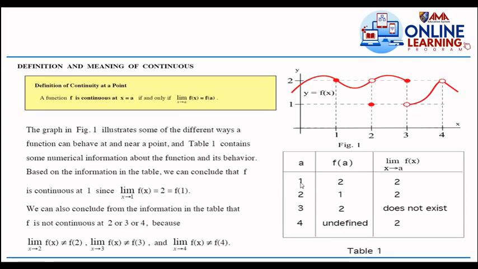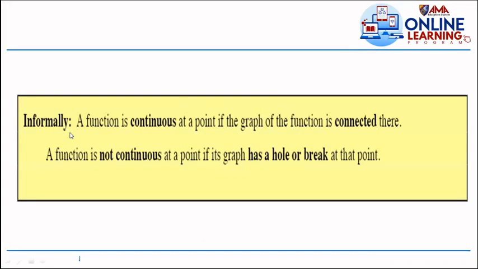Sabi dito, informally, a function is continuous at a point if the graph of the function is connected there. A function is not continuous at a point if its graph has a hole or break at that point.